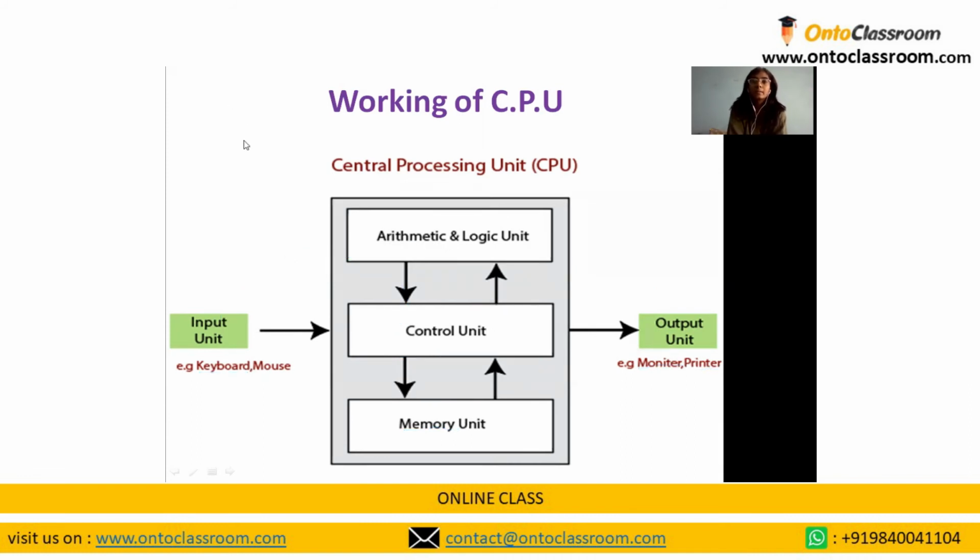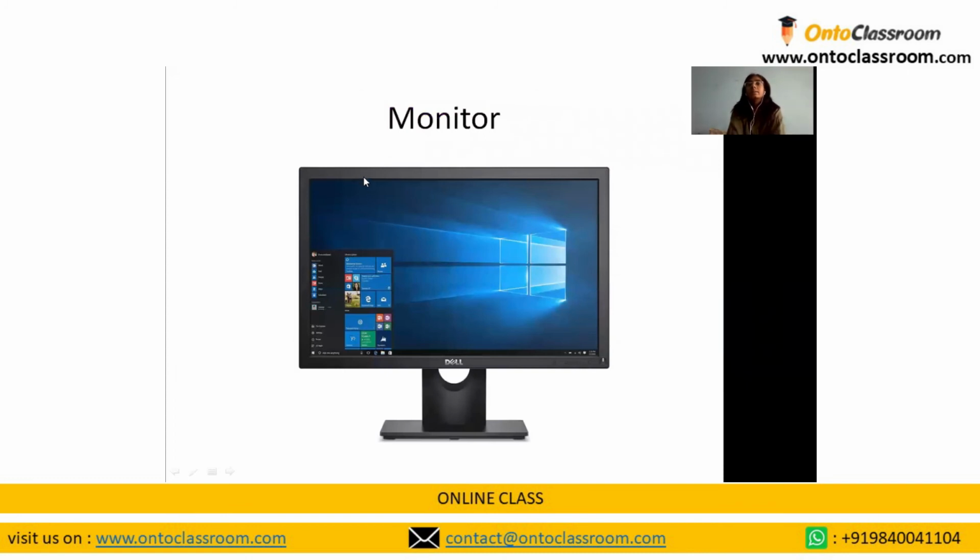Now next is monitor. Monitor is the display, the screen. This is the screen in which you see all this. So you have here different bars like taskbar, and this is where you start, and here you choose all the icons. Here are some small icons here.